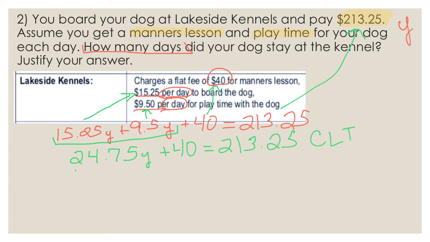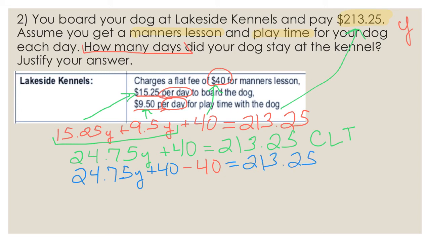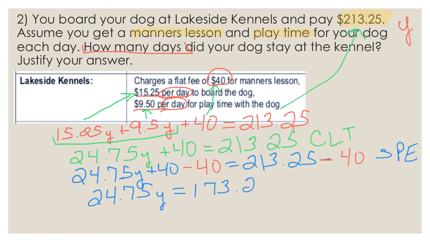Next, I'm going to subtract 40 from both sides. 24.75y plus 40 minus 40 equals 213.25 minus 40. And that is my subtraction property of equality. When I subtract that, I'm going to end up with 24.75y equals $173.25.